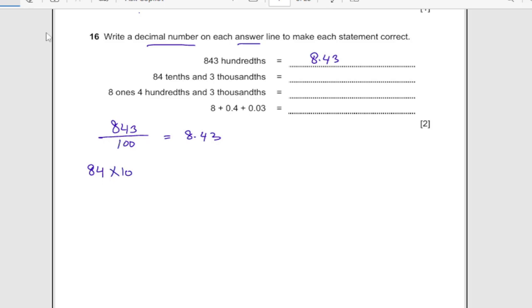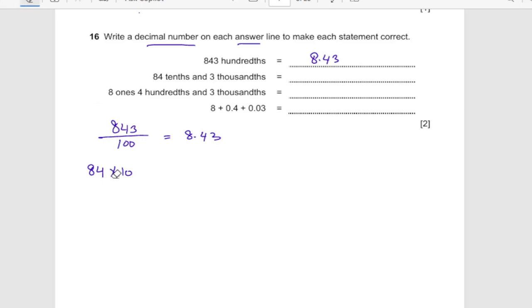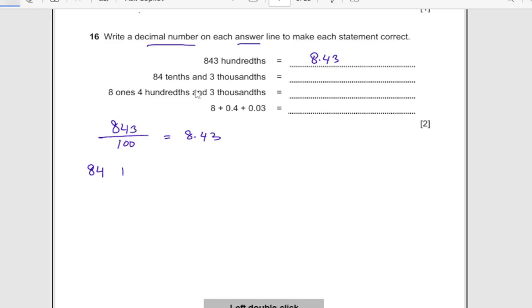Sorry, it's tenths, tenths, so divide by 10. Remember, there is THS, tenths. 84 over 10.